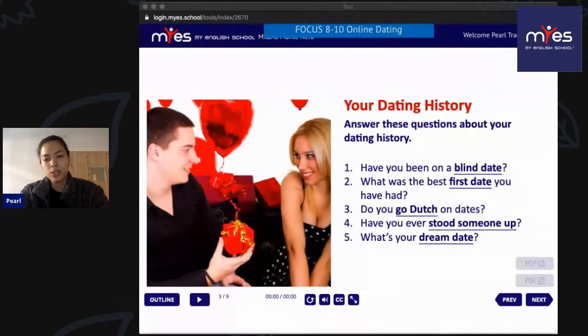But to ghost means, it's a new English term, when you are talking to someone romantically and you just stop responding to their messages or their SMS, their text, or whatever. You just stop talking to them at all. It's like you're a ghost and you disappeared. So that's what to ghost means. That she ghosted me means that she just stopped communicating with me at all.